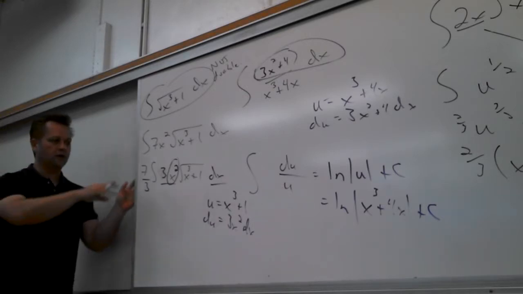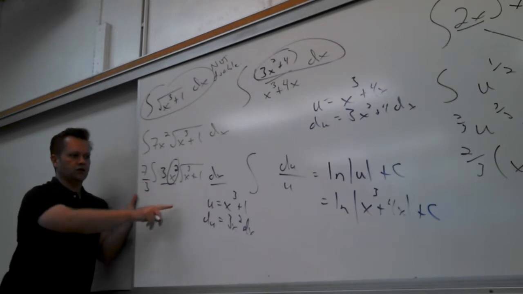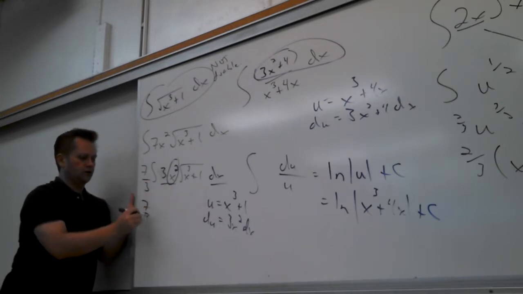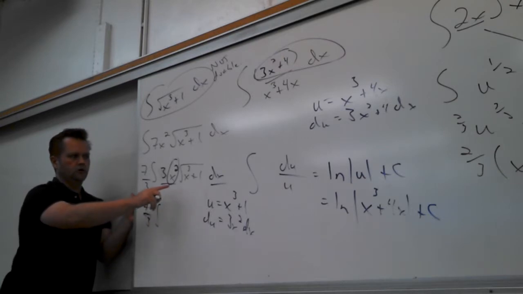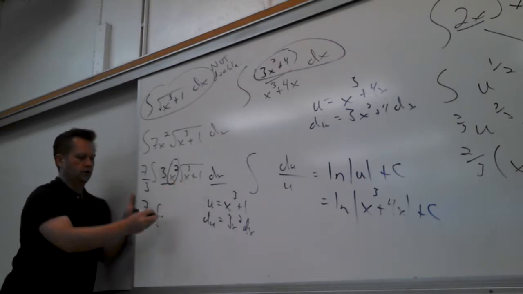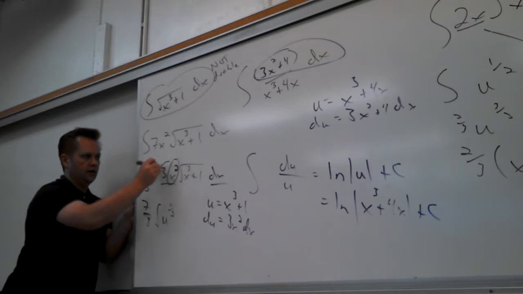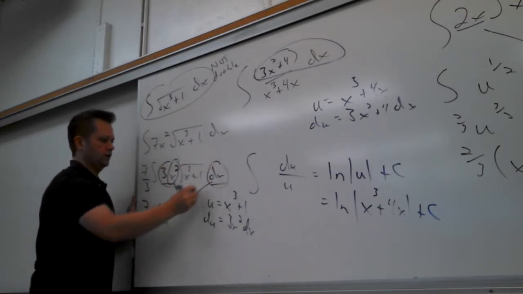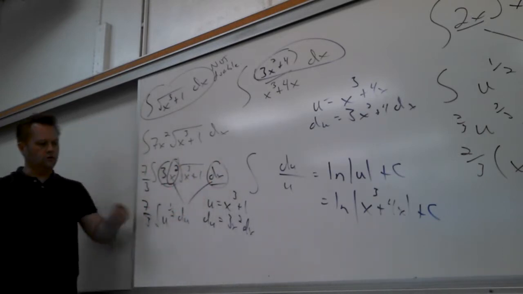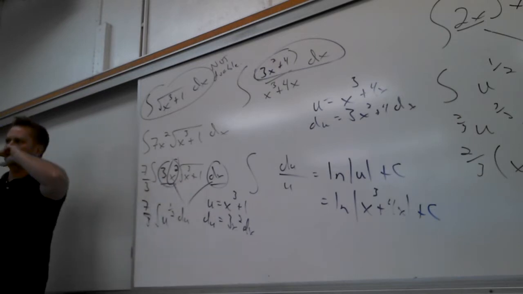Before I get all carried away, I'm going to give you a few to try on your own. Let's finish this one out though. This will be 7/3 integral of u to the 1/2 du, and this all is du. They are the same thing.